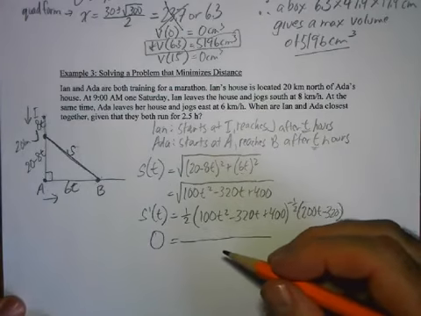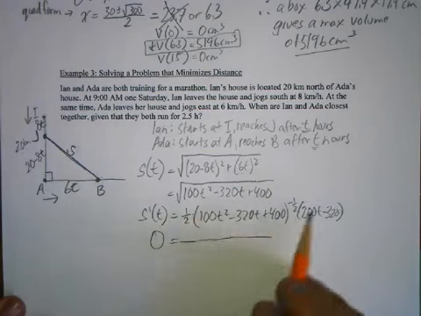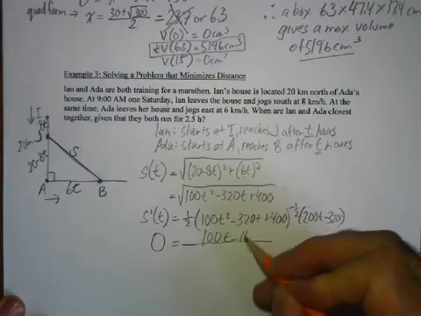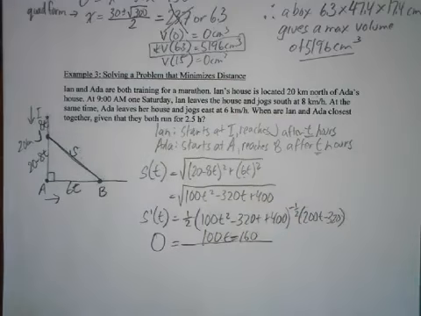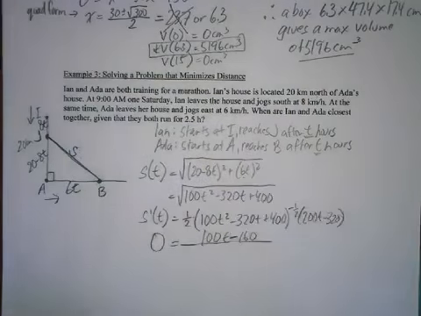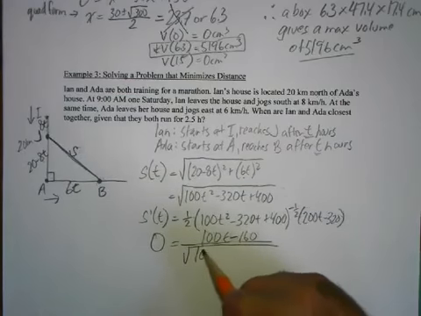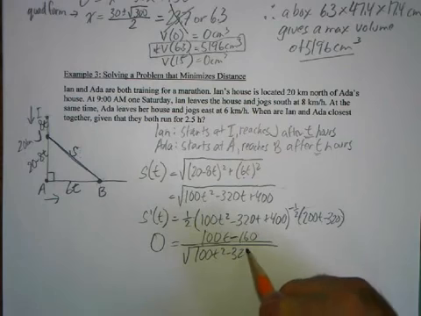So one half times that becomes 100t minus 160. And then on the bottom, you've got your square root. If we move this to the bottom, turn it positive, square root of 100t squared minus 320t plus 400.